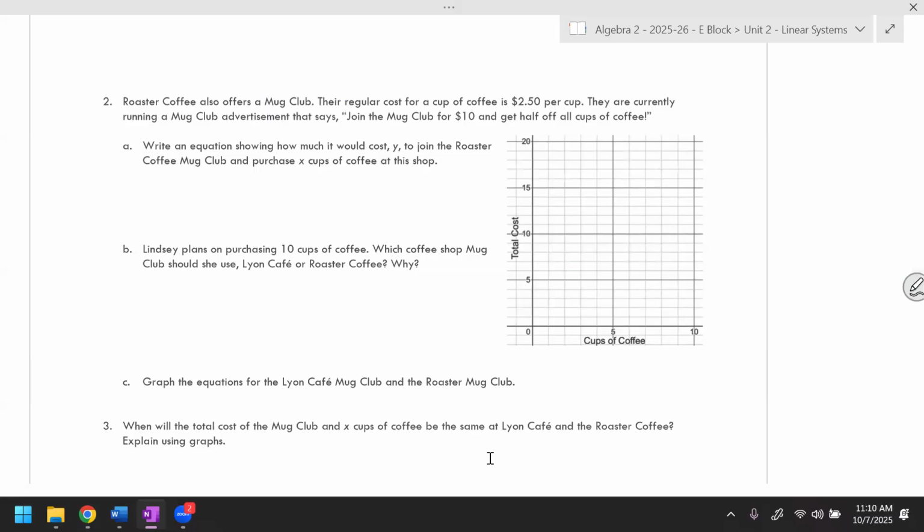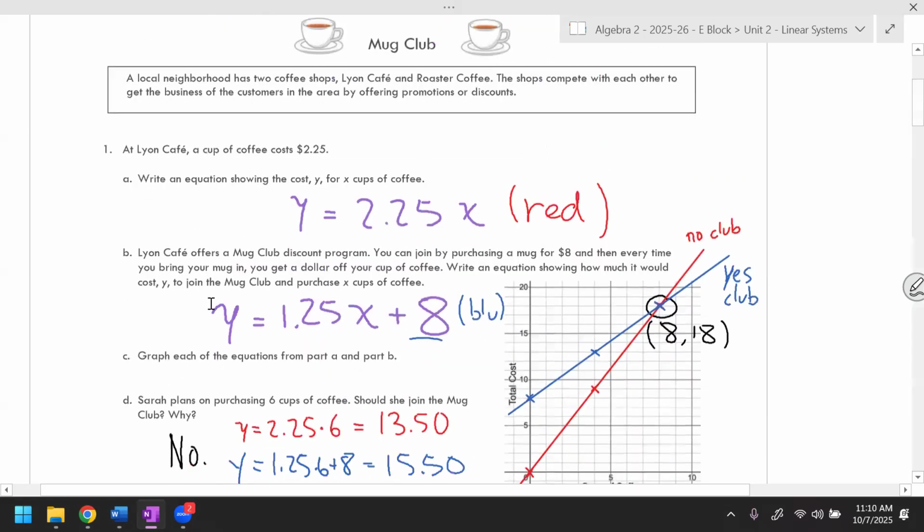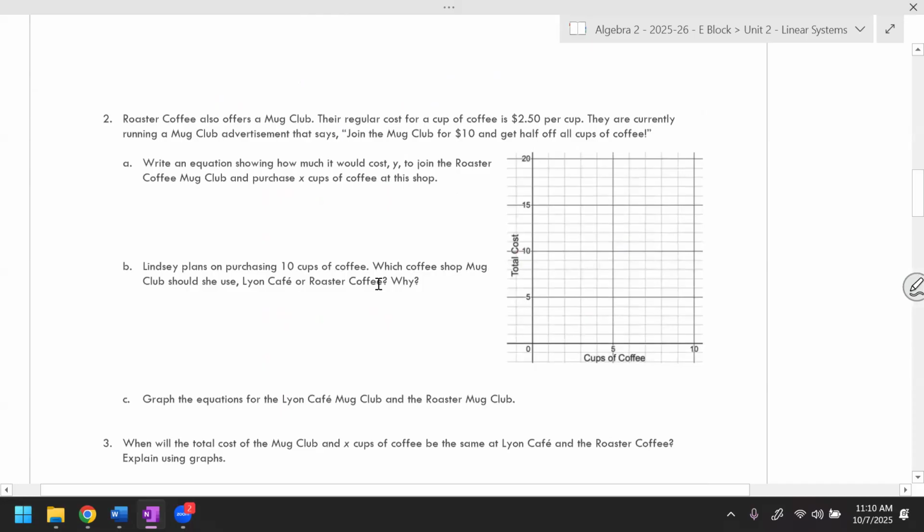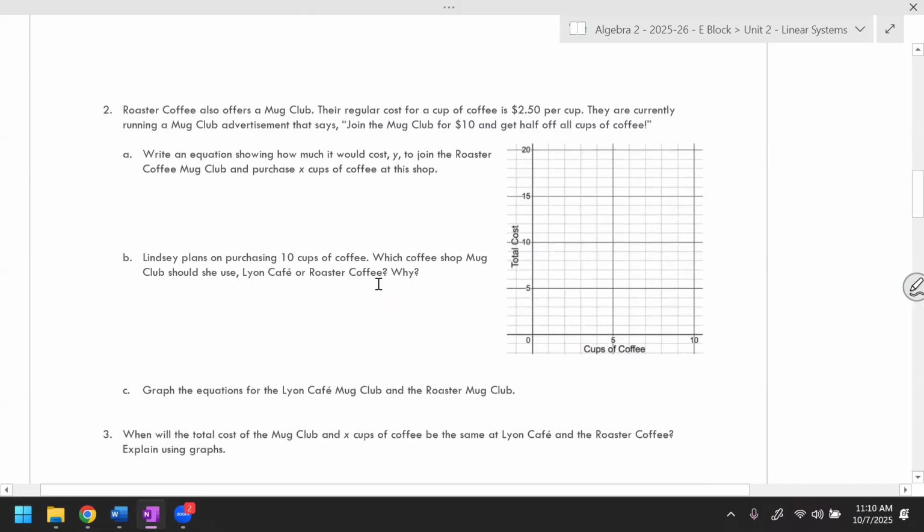So this time, how much does it cost to get X cups of coffee for their club? They have a different club. It's going to look somewhat like the Leon Coffee Club equation, but it has a different cost. Can anyone see how it's going to be different?